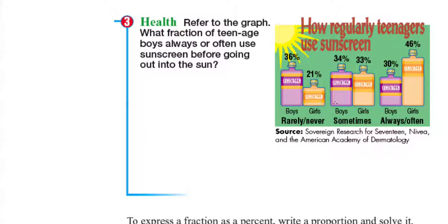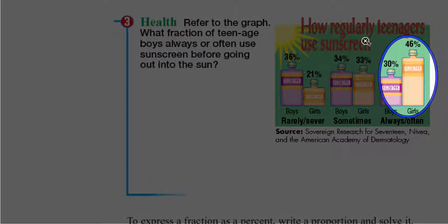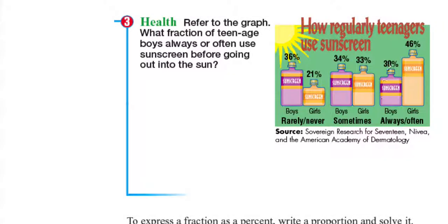We won't bother ourselves with girls because that's not part of the question. It's just asking what fraction of teenage boys. So always and often use, which means we are going to look at this particular part of the graph, which is 30%.